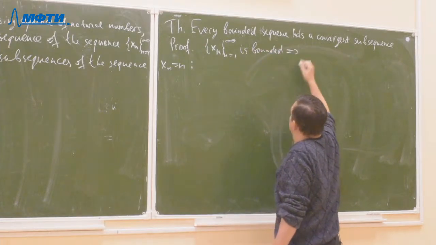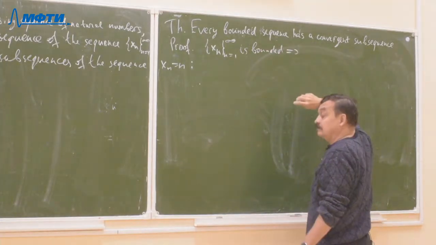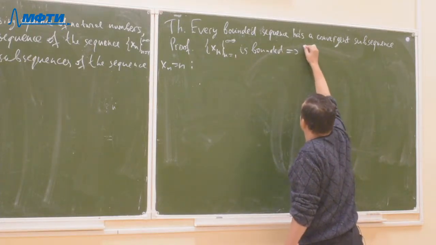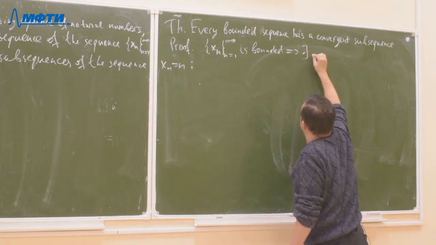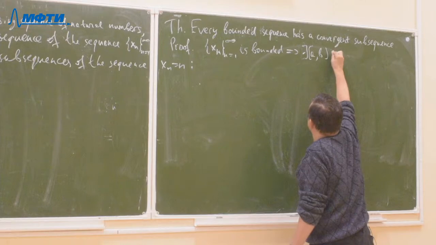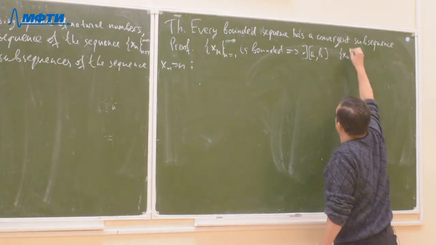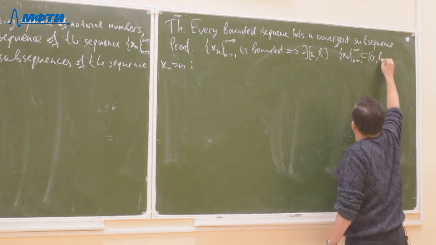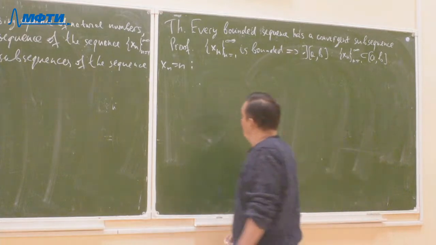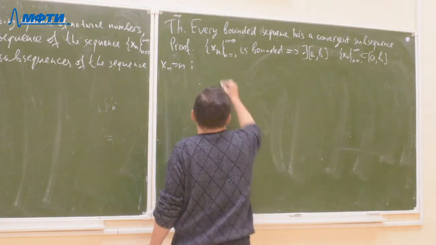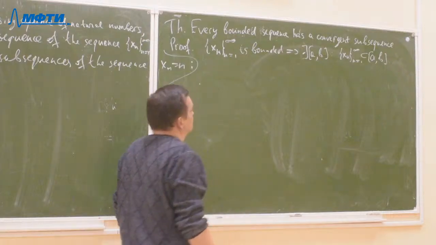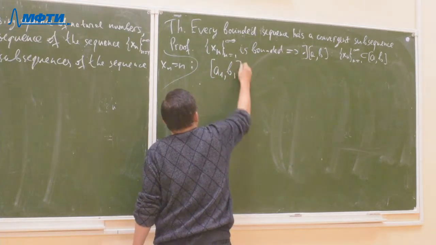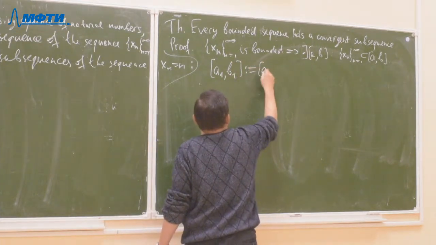Hence, there are lower and upper bounds. So there is an interval AB such that all members of our sequence are inside AB. Okay, let me denote A1B1 to be just our interval AB.